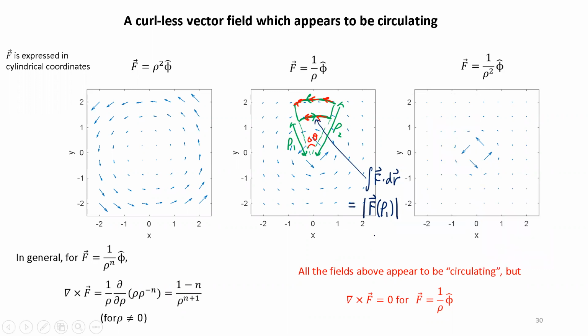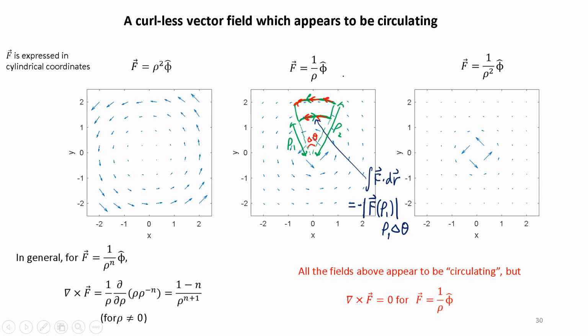So this length is rho 1 delta theta. And I need to add a minus sign, because I'm going along this way but the field is pointing the opposite way, so minus.